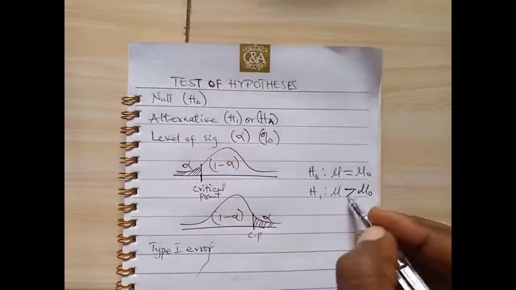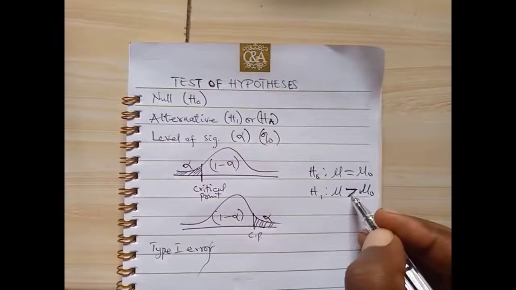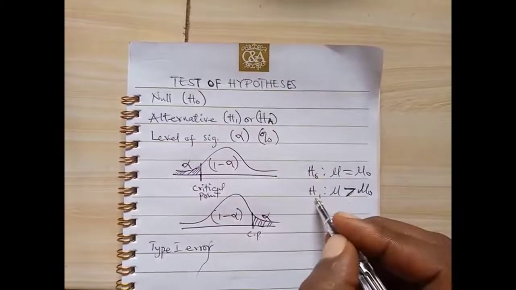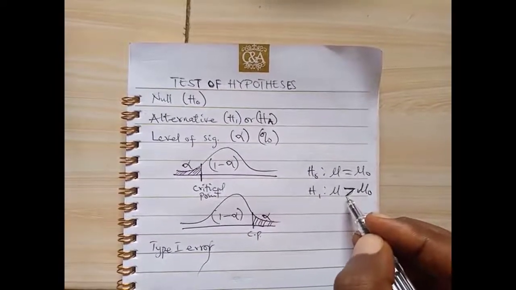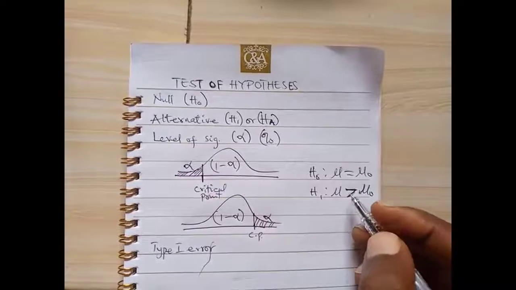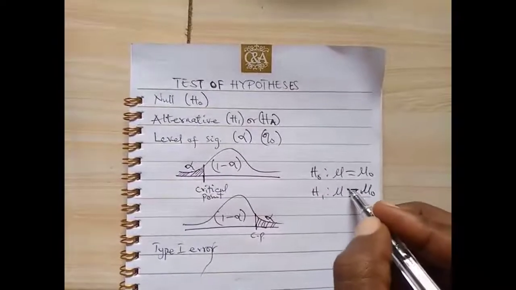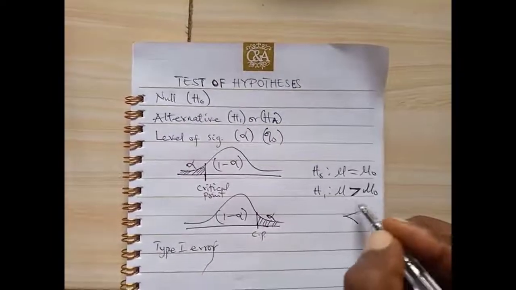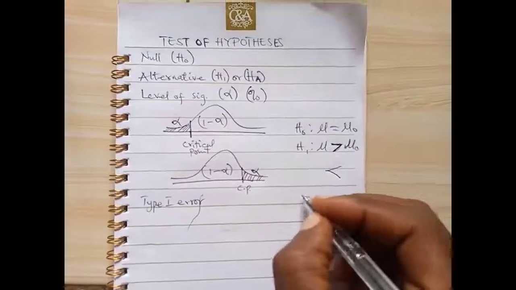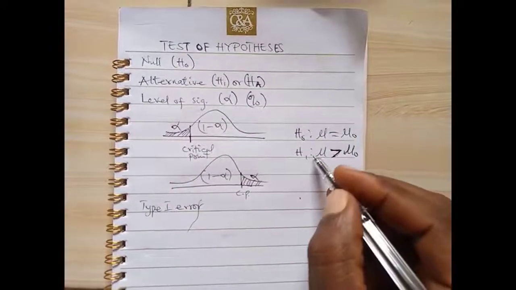So whenever you see this directional form in the alternative hypothesis, you know it is a one tail test.